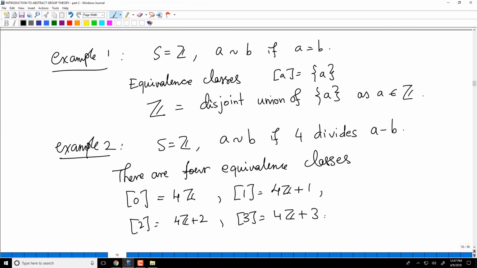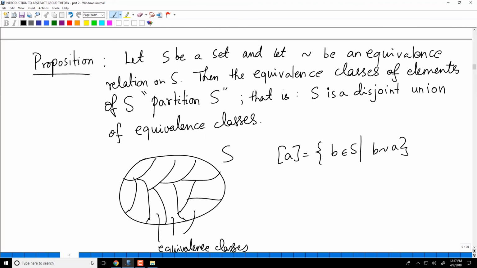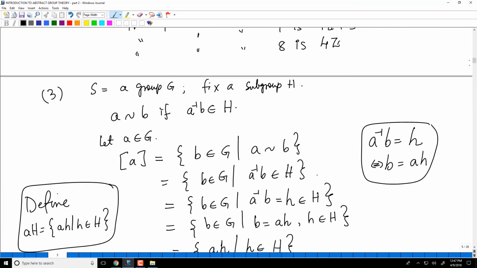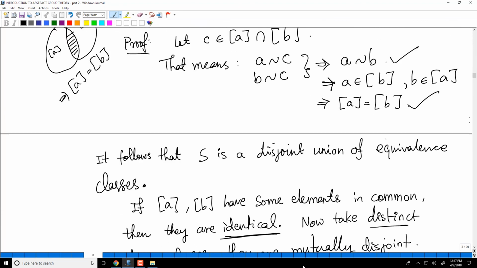If you go back and see the examples, the equivalence class of 5 was just 4Z plus 1, the same as the equivalence class of 1. 6 is 4Z plus 2, 7 is 4Z plus 3, 8 is 4Z. So you get nothing new by considering other integers.